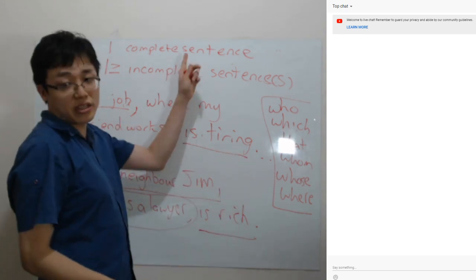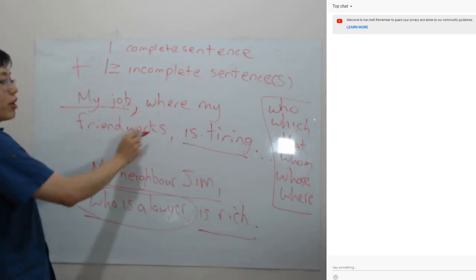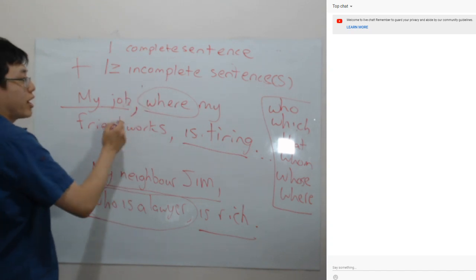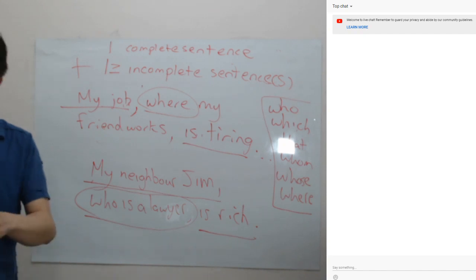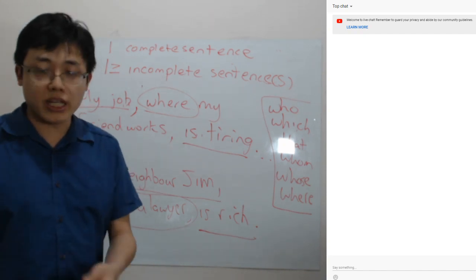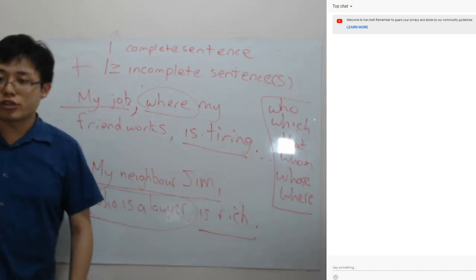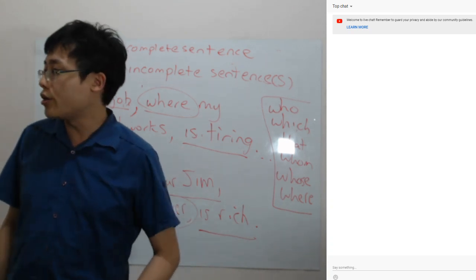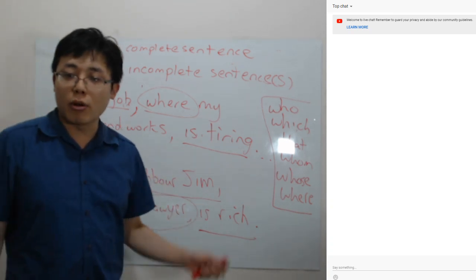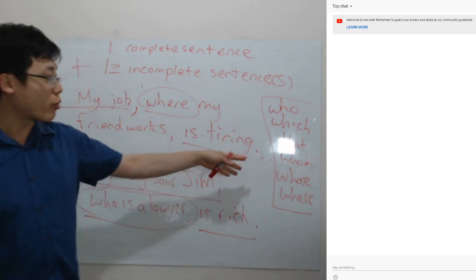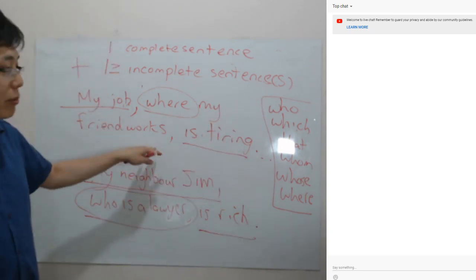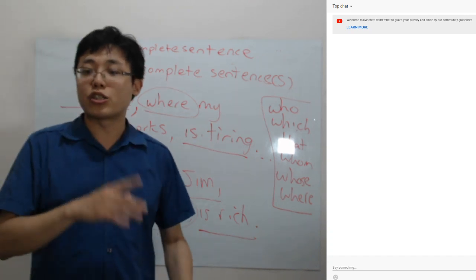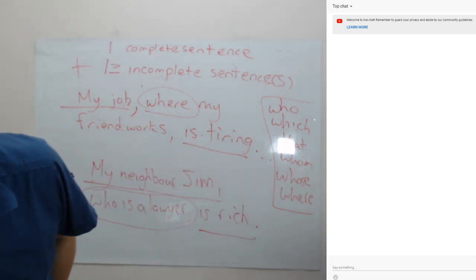This is the complete sentence. Incomplete sentence, where my friend works. We have the relative pronoun. That's why it is a complex sentence. So if you want to make a complex sentence, you can use a relative pronoun. A lot of you already know how to do that. I won't spend too much time on this, but if you have any concerns about relative pronouns, I can go over a few more examples, but that's just one way. There are many other ways.